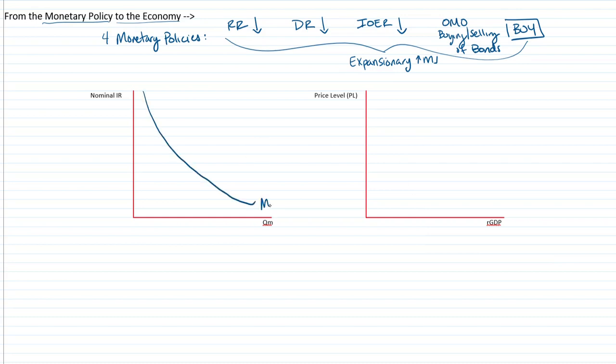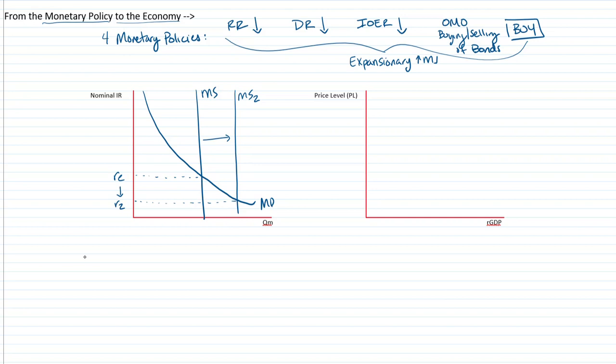Right? So we have a downward sloping money demand and a vertical money supply curve with an economy operating at interest rate E. And we take four policy actions, and any of those four policy actions would expand the money supply, which means they would shift the money supply to the right, to MS2. And as the money supply moves to the right to MS2, we can see on the graph that the interest rate is going to decrease to R2.